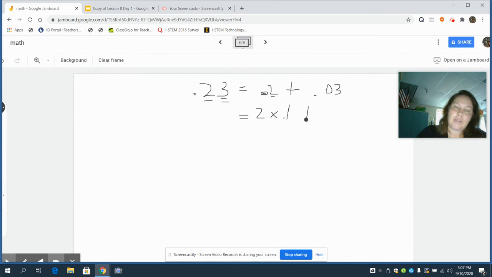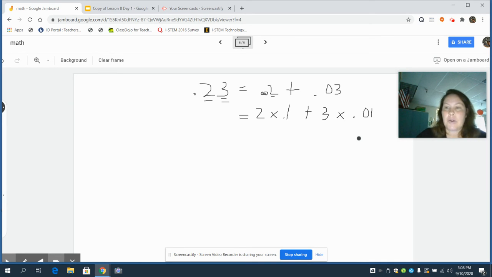And I'll put my plus sign. And then how did I get 3 hundredths? I had to take 3 and multiply it to put it in the hundredth place value. So that would be 3 times a hundredth, 0.01. That is a hundredth. Okay, so those are two kinds of expanded form showing for this decimal number.